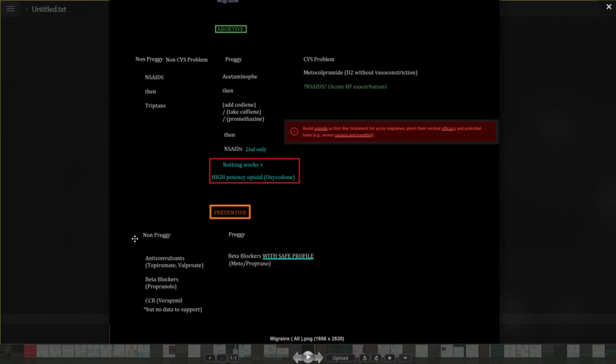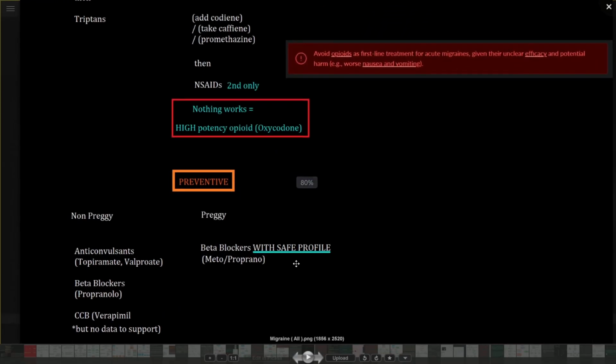In non-pregnant patients, you give anticonvulsants, beta blockers, and maybe calcium channel blockers. But in pregnant ladies, you will not give any anticonvulsants. You are only going to deal with beta blockers, especially those with a high safety profile.